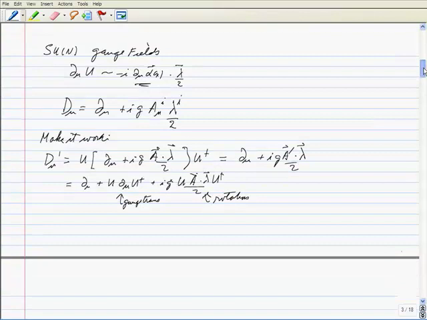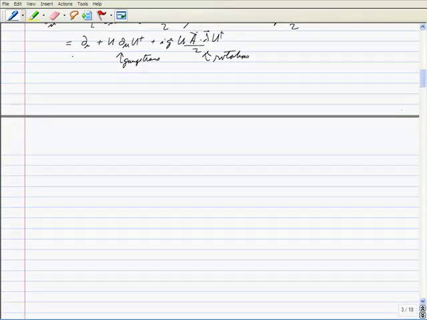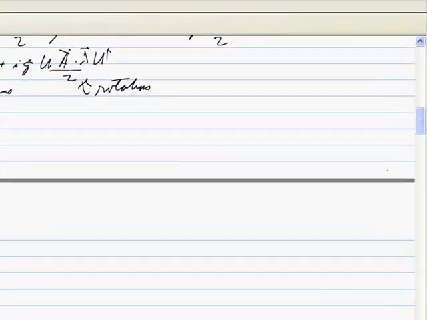So our rule here is that A prime mu, no, all right, let's back up. Let's keep it in matrix notation for the moment.